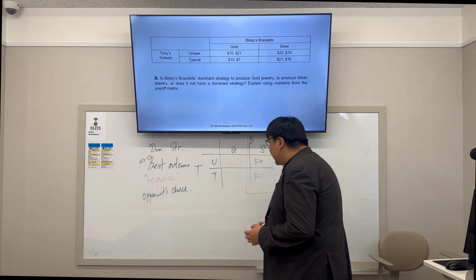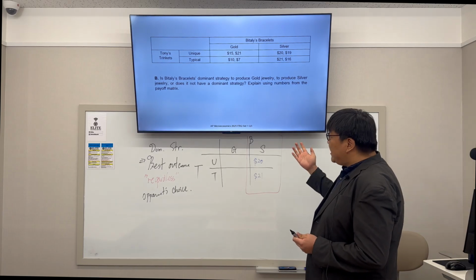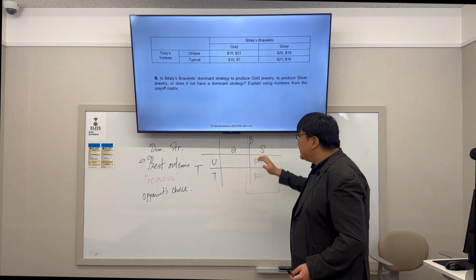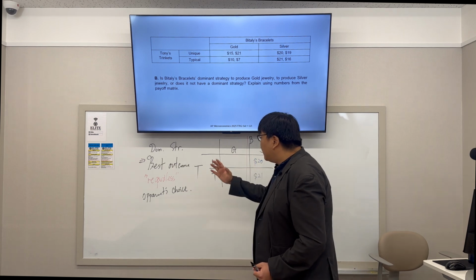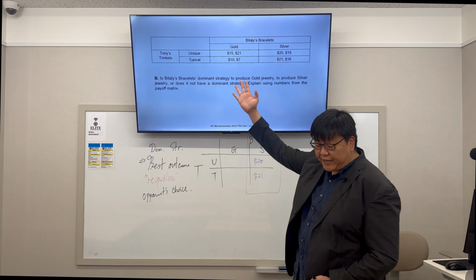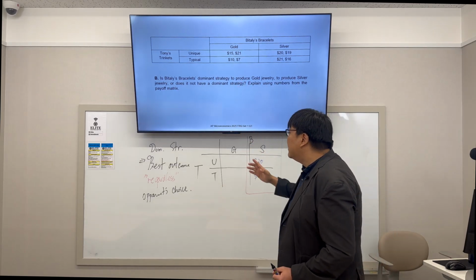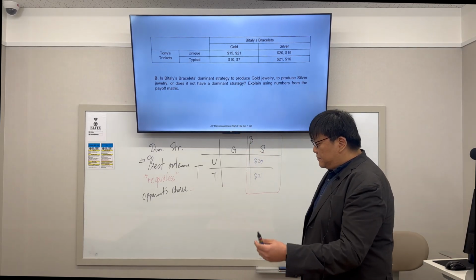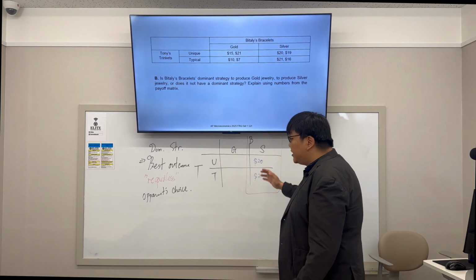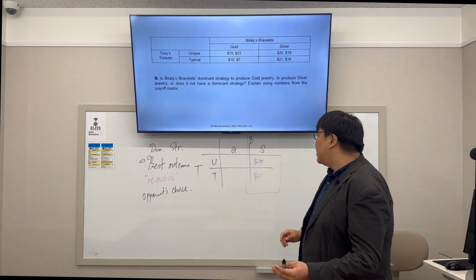Suppose you are Beetle's Bracelets. Regardless of Tony's Trinklets' choice, whether they produce unique or typical, your strategy to produce either gold or silver should give you the best outcome.